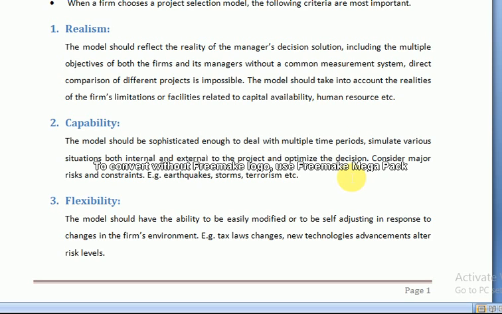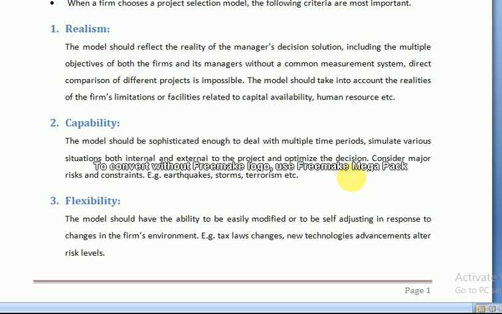The third one is flexibility. So the model should have the ability to be easily modified or to be self-adjusted in response to changes in the firm's environment. For example, if the tax law changes, or new technological advancements come that alter the risk levels.